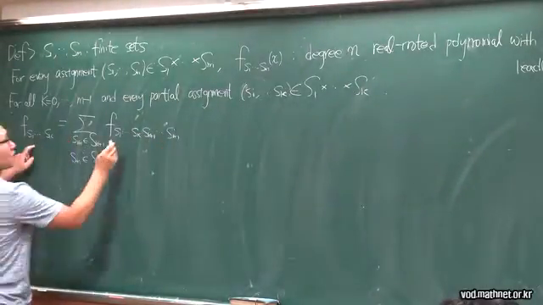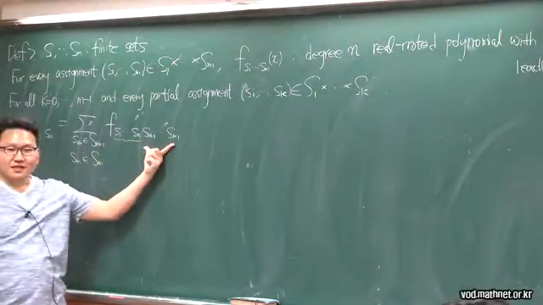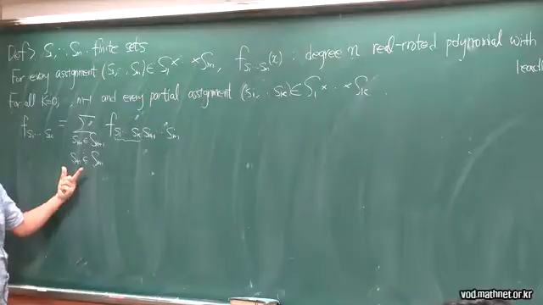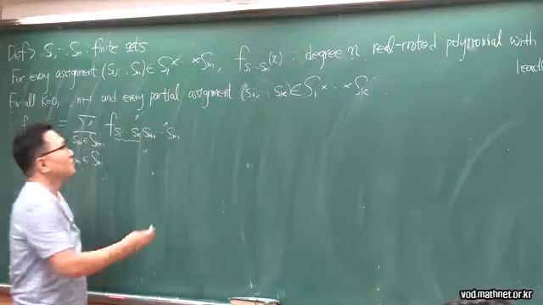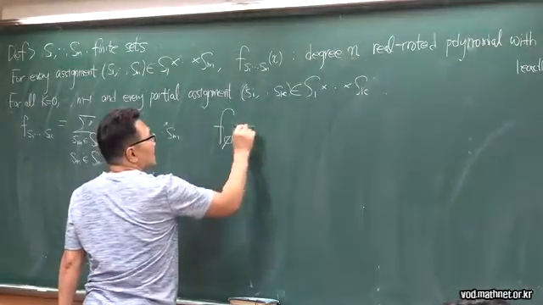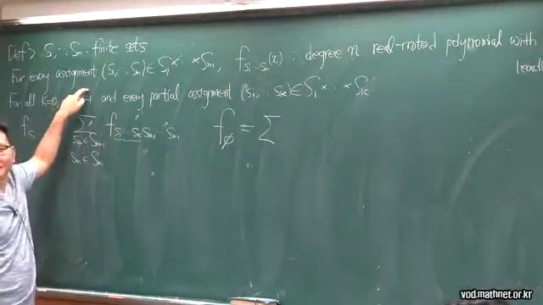So be careful, those are fixed, and those are moving in here. And this is defined also for k equal to 0, which means we can also have it for the empty set. So this is the sum of all polynomials in here.